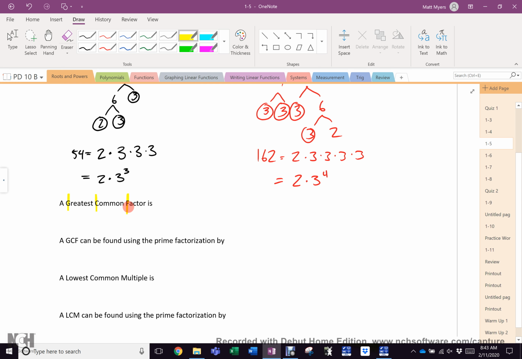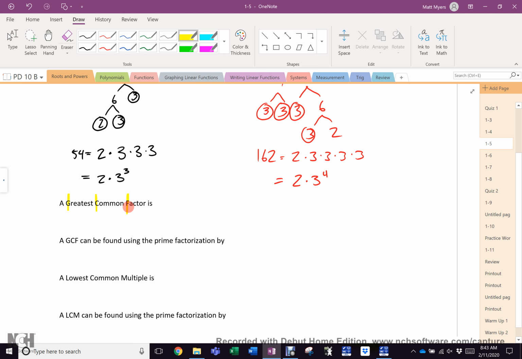I can never have a factor of 54 that is bigger than 54. Everybody cool? So factors are always smaller than the numbers you are working with, which is weird because it's called greatest common factor, but the answer is going to be smaller than the numbers you are working with. Everybody can wrap their minds around that, yes?